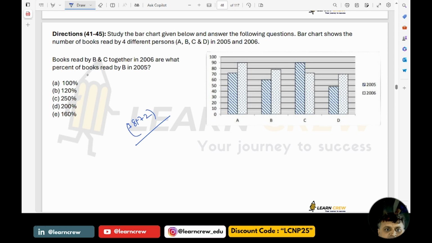It is what percentage of books read by B in 2005? It is 60. So 78 plus 72 is 150. 150 is what percentage of 60? So you will get the answer 250%. So option C is correct.